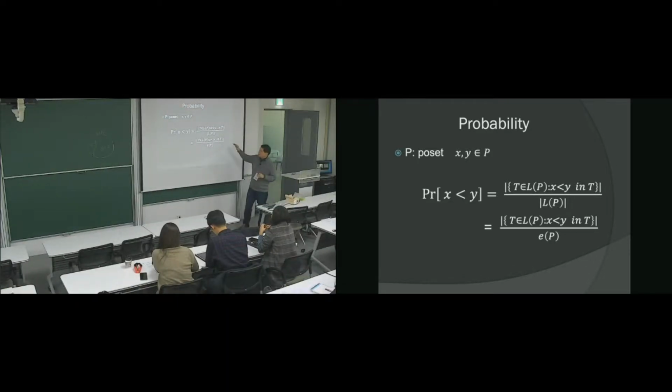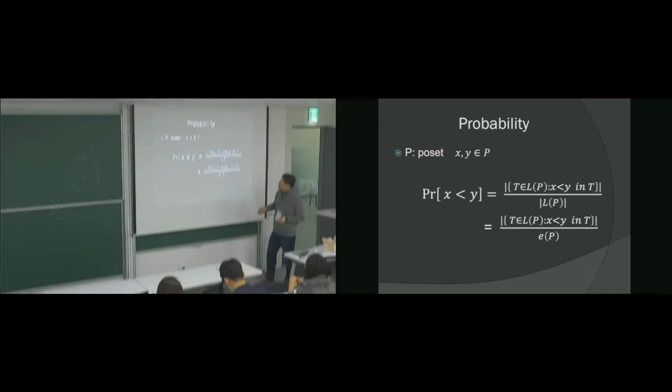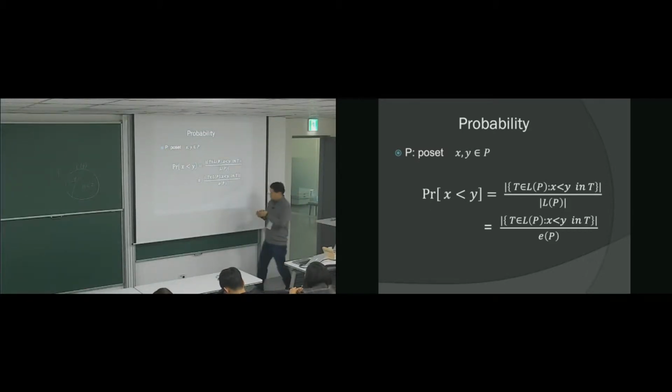After we count the number of linear extensions in which X is less than Y, we divide by the number of linear extensions. So it's probability, but it's quite easy probability. It's just counting. It's easy to define, not easy to understand.